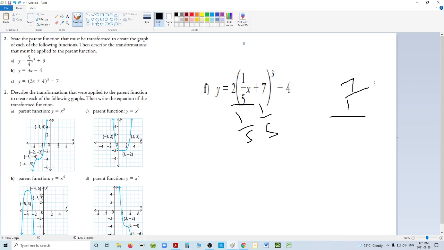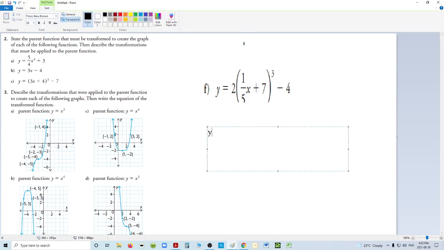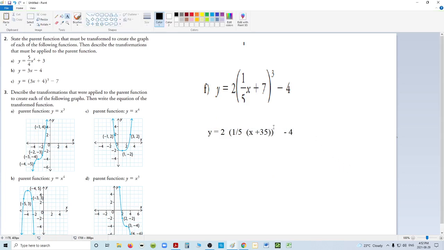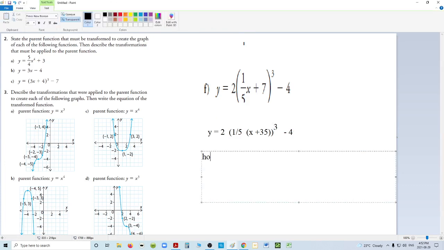It's the same as 7 times 5 over 1, which is 35, which means inside that bracket, I can rewrite this whole thing as y is equal to, there's a y stretch, 1/5 comes out, and I get x plus 35 when I divide that 7 by 1/5.